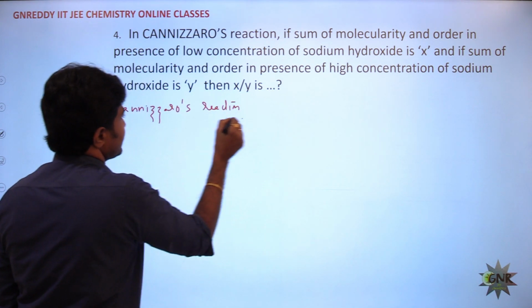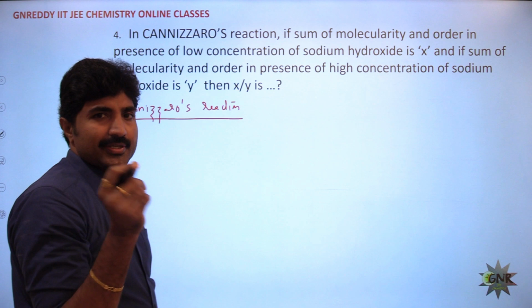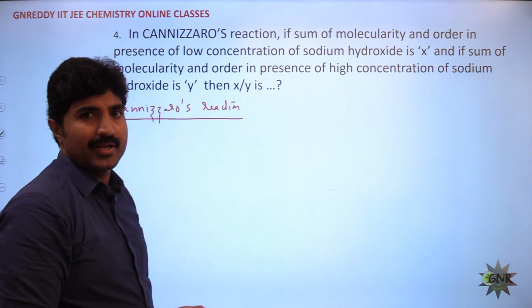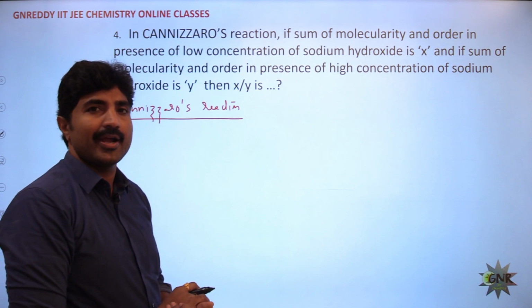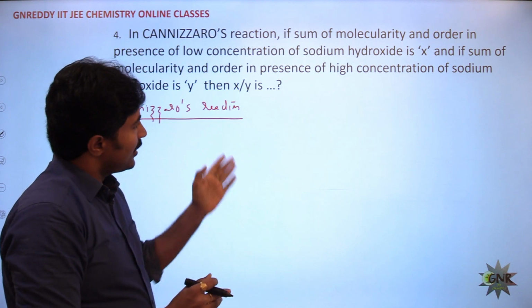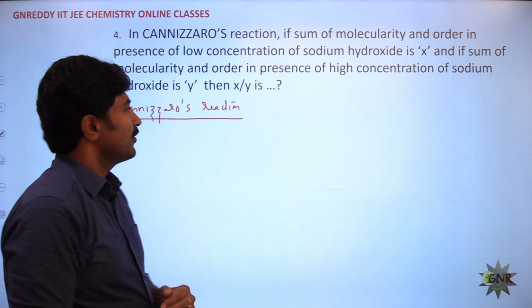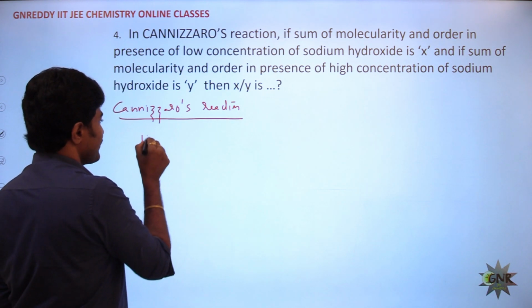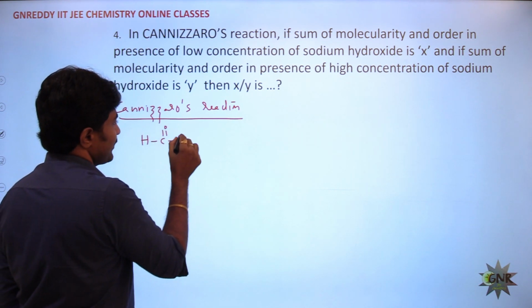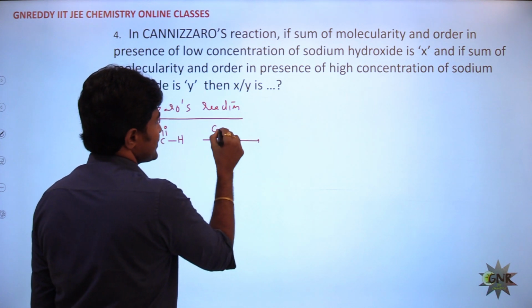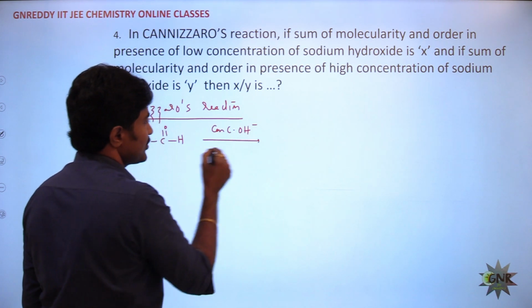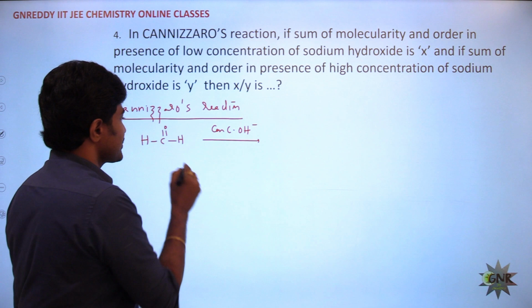For a simple species, I am taking formaldehyde. An aldehyde without alpha hydrogen undergoes this type of Cannizzaro reaction in the presence of concentrated OH minus. Here I am taking formaldehyde, HCHO, in the presence of concentrated OH minus. It undergoes a disproportionation redox reaction.